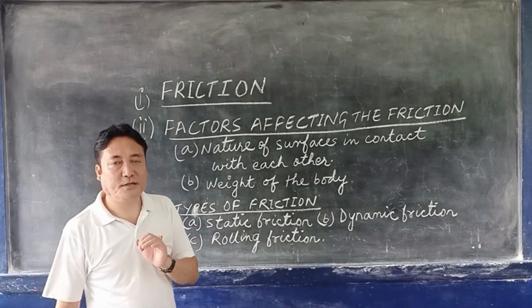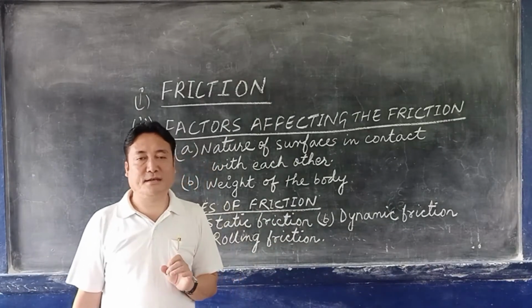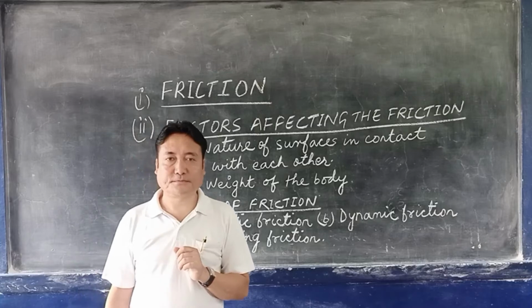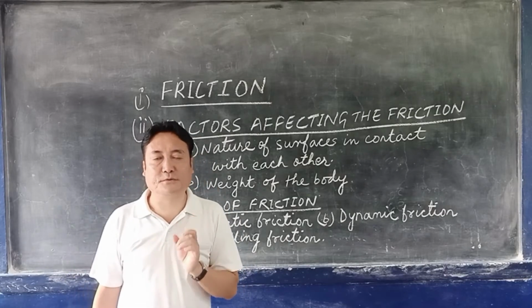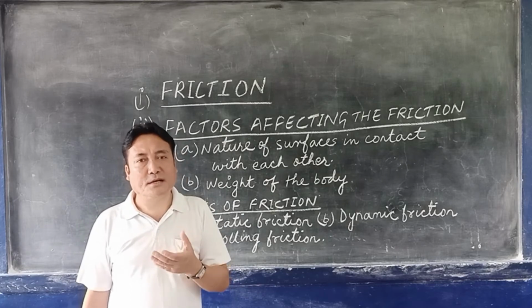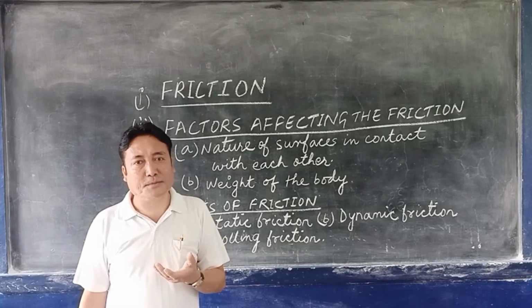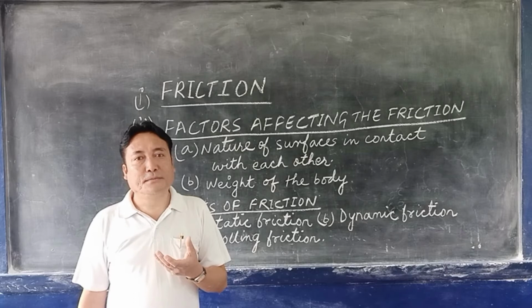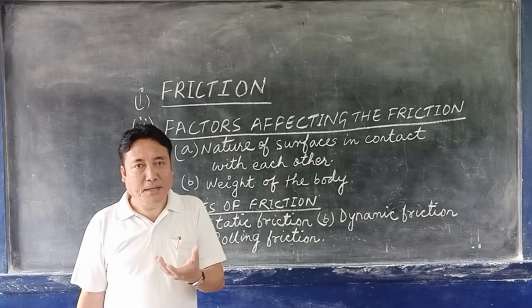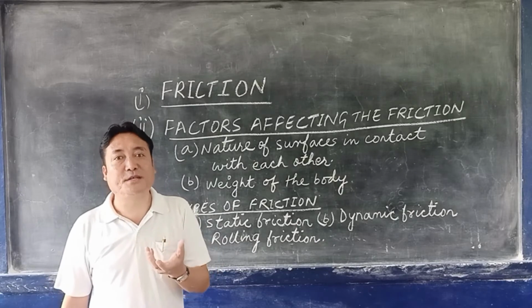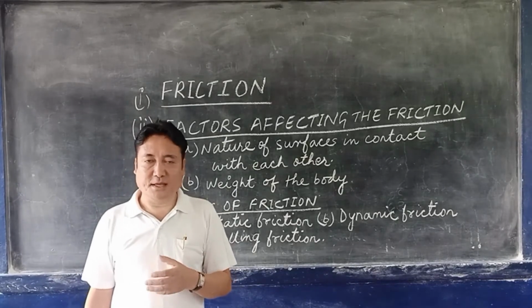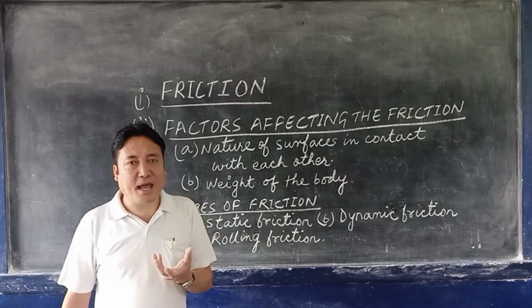First of all, let us understand the term friction. The word friction means opposing force. That means the force exerted on the object which does not make that object move. Some force will be exerted on an object.